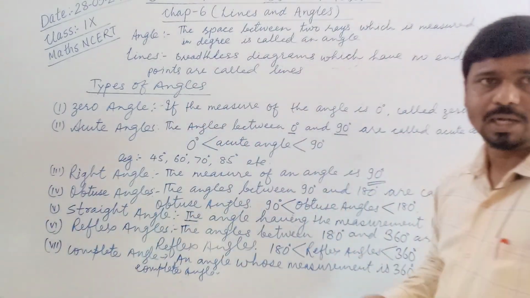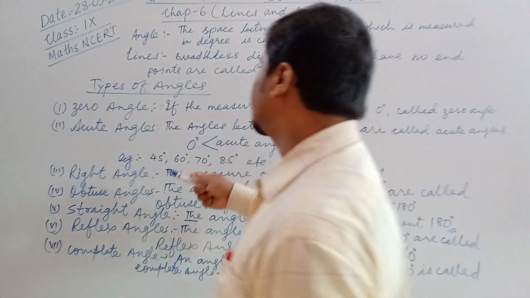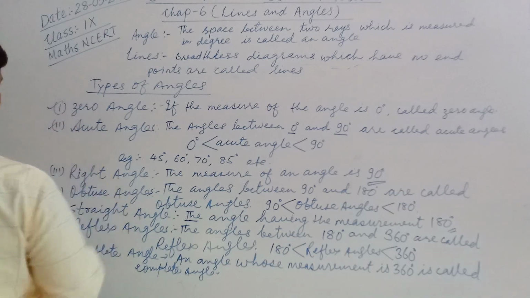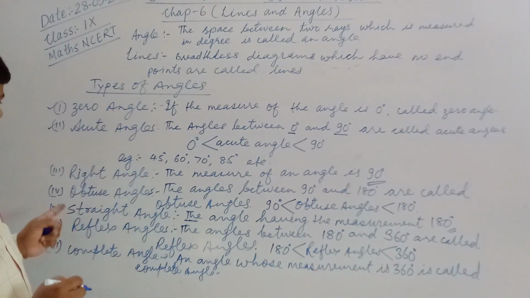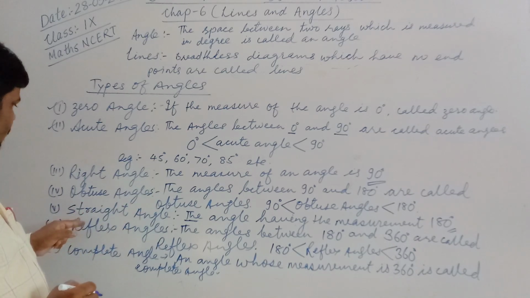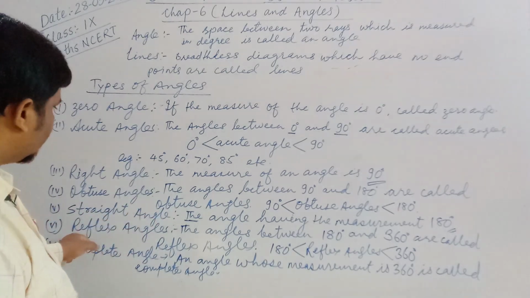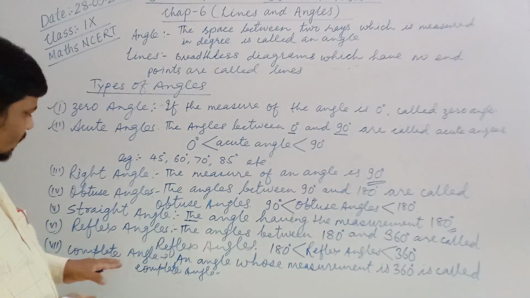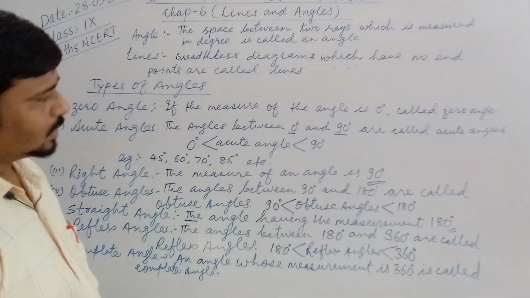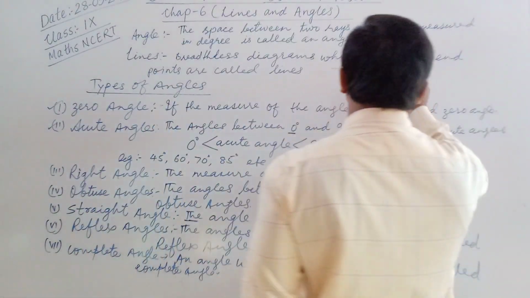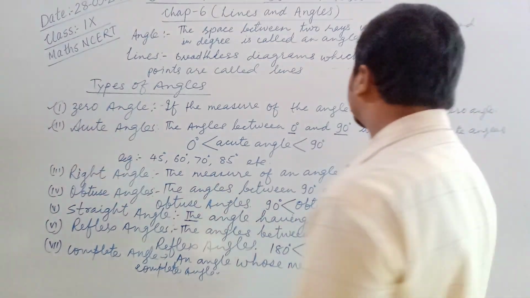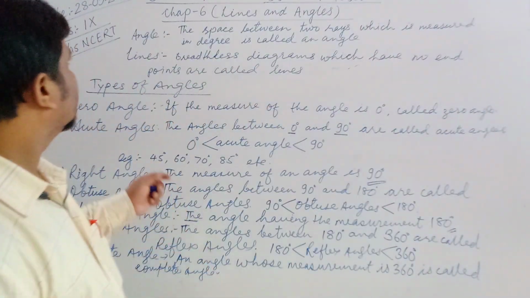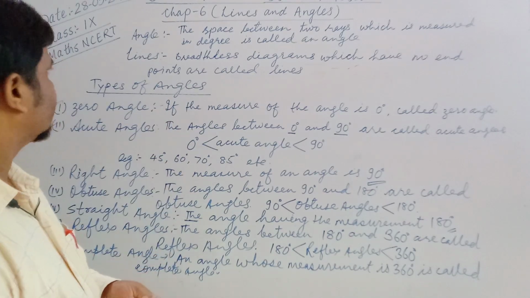So now you understand these are the types of angles: zero angle, acute angle, right angle, obtuse angle, straight angle, reflex angle, and complete angle. Complete angle is 360 degree. Okay.